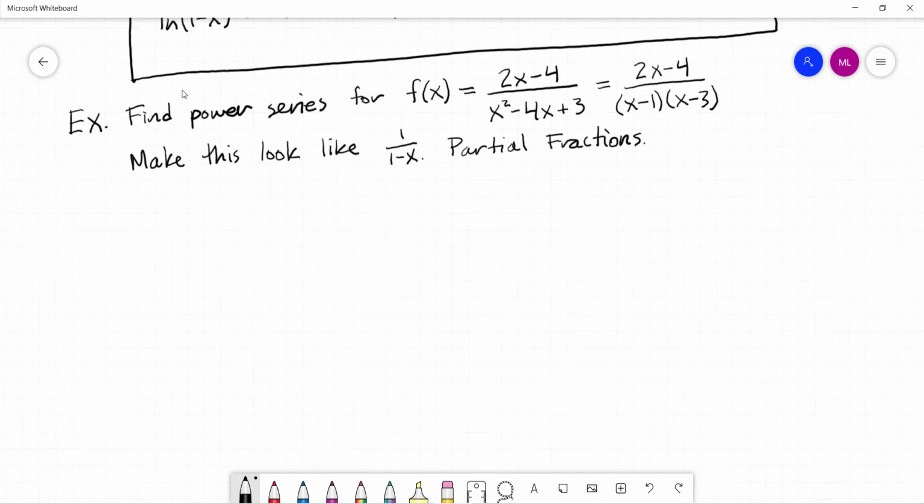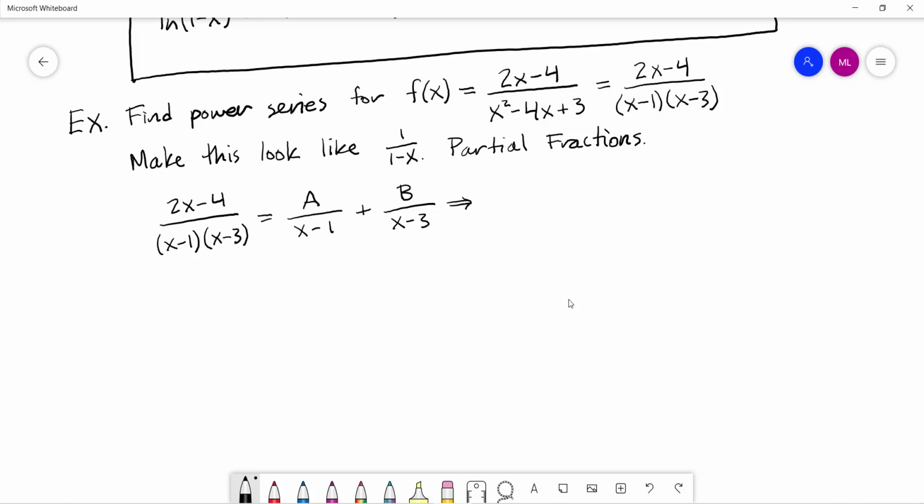So if we've got 2x minus 4 over x minus 1 times x minus 3, I want to be able to rewrite this as something over the x minus 1 plus something else over the x minus 3. And this will work, again, because I've got two non-repeated linear factors in the denominator here. So this is the appropriate form.